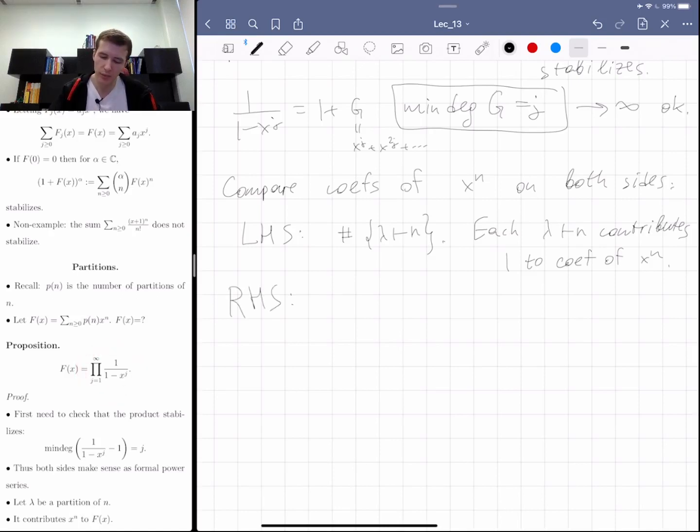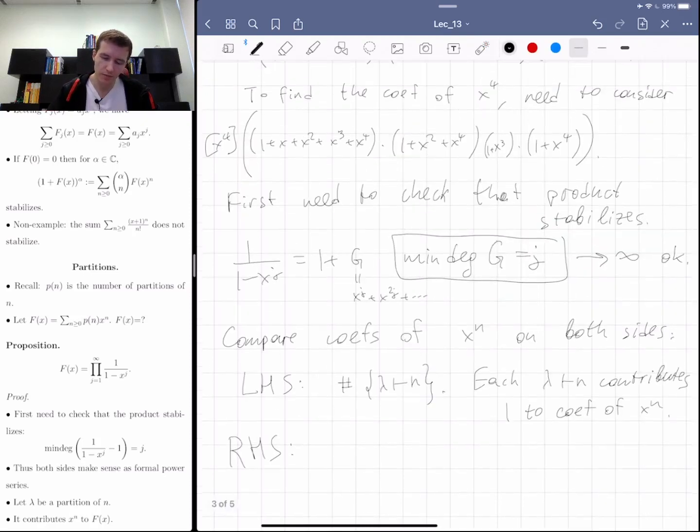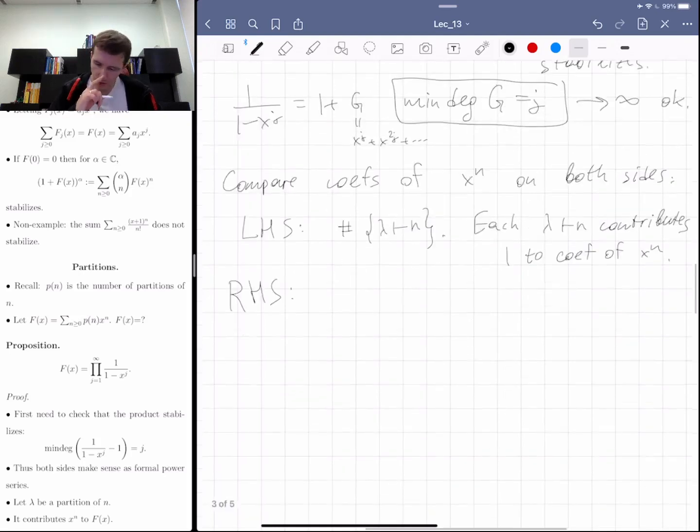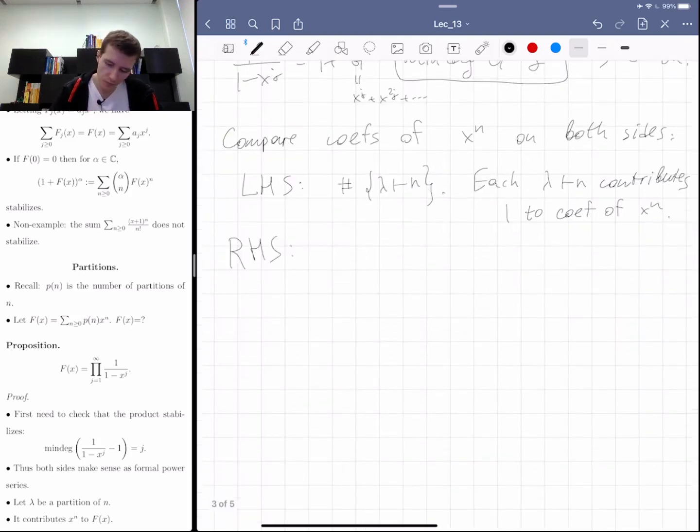So I have to think of my lambda in a slightly different way. What I'm going to do is look at the multiplicities of my parts. Let m sub j be the multiplicity of j in lambda.